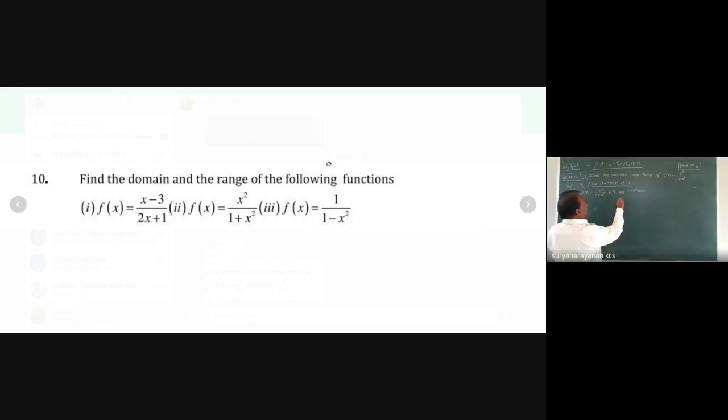This implies x square is not equal to minus 1. So we cannot find any real number whose square is minus 1. So we can take any real number. This implies domain of f is the set of all real numbers. We can take any real number to get this function value as a real number. Understood this point, my children?